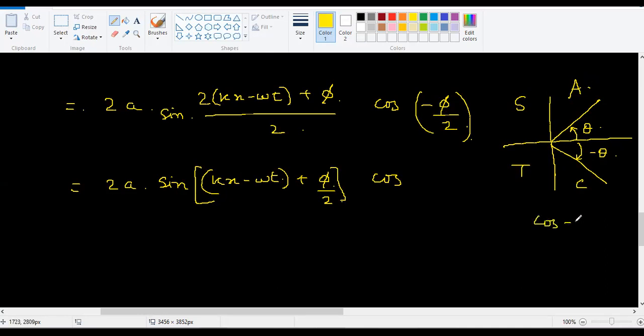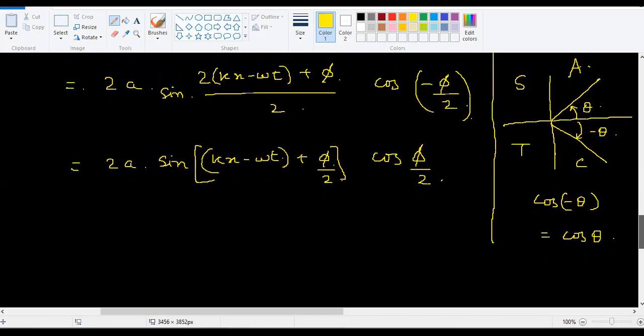That means cos minus theta can be written as cos theta. That's a mathematical formula you should know, which means this can be written as cos phi by 2. Generally, we like to write the constant terms in the front, so I have to write it in the front.